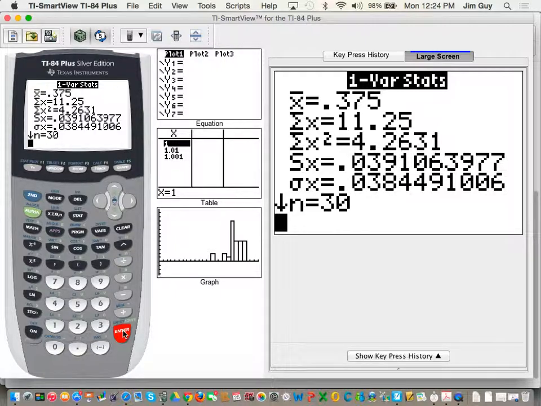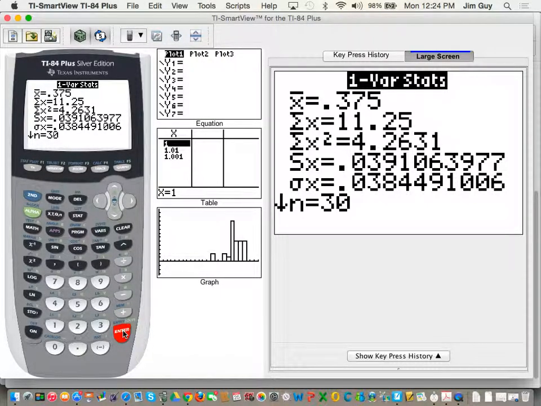Does anyone know the difference between the S of X and the sigma X there? One doesn't subtract one off the number of values. Okay, that's looking at the formula, good. But in general, the S of X is the standard deviation of a sample. And that's what we did.